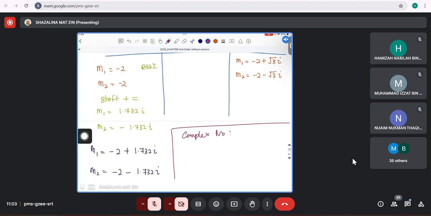So in this case, your m equals to -2, then combine this plus and minus, sama juga plus and minus.